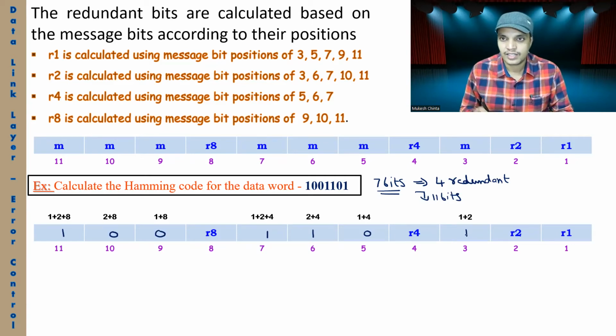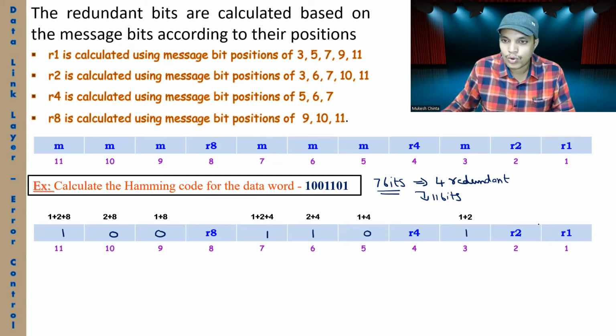I simply wrote down the given message bits in their particular positions, and I kept the redundancy bits. Now, in order to send this code to the receiver, I need to find out the value of R1, R2, R4, and R8, and then place those corresponding bits in these positions and then send it to the receiver.